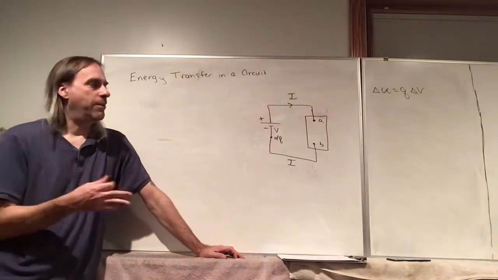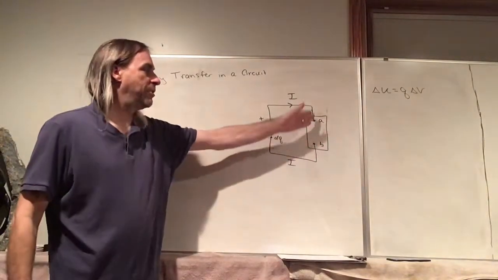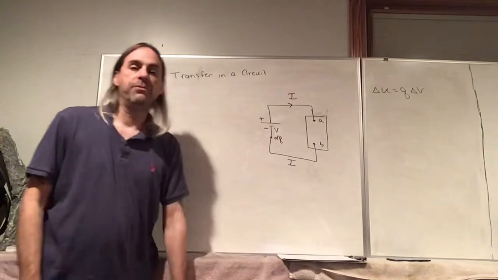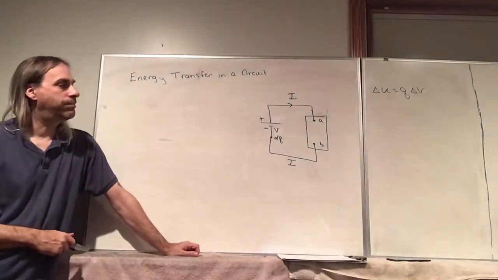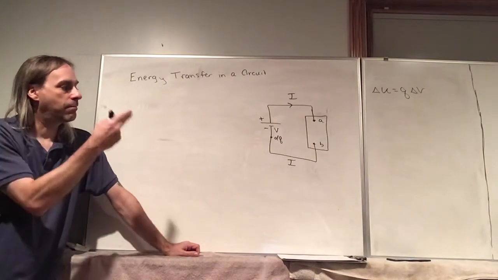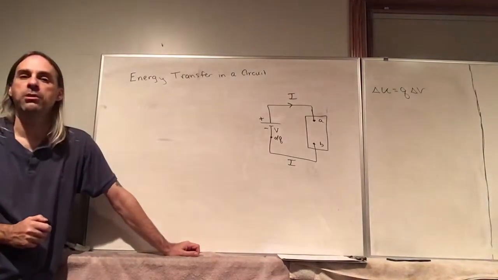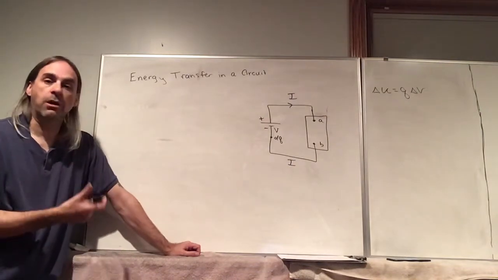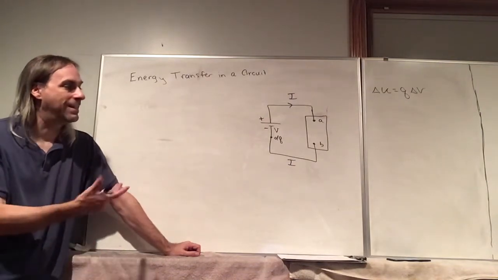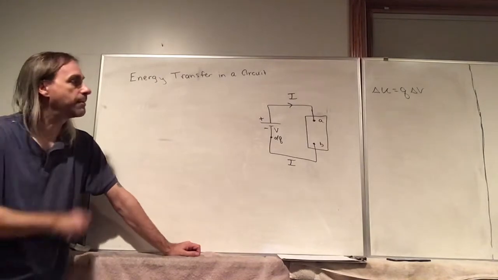If you replace this box with just a wire, then that energy has to go somewhere, and the overall resistance of our circuit would be extremely low, which means we'd have a very large current, and that can dissipate energy in the resistors.